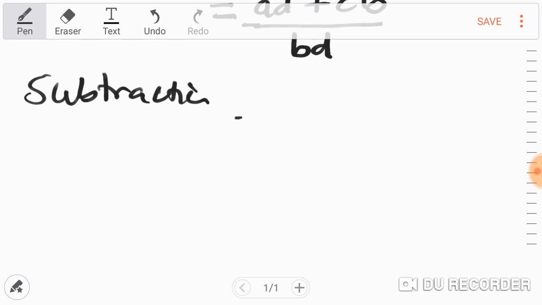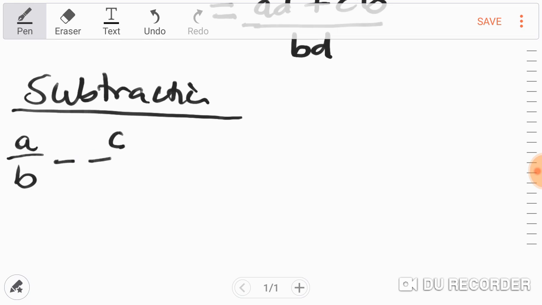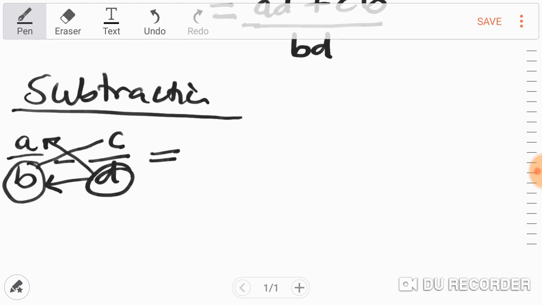So when you subtract fraction, it's almost the same as addition. Actually, it's the same thing. The only difference is the sign used. So if they give you, for example, a over b minus c over d, you apply the same rules you did. You multiply the whole fraction by this denominator and the other fraction by the denominator, right?